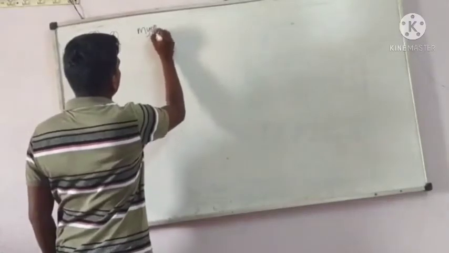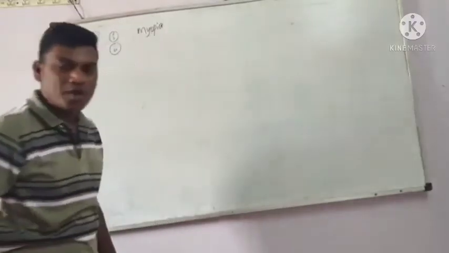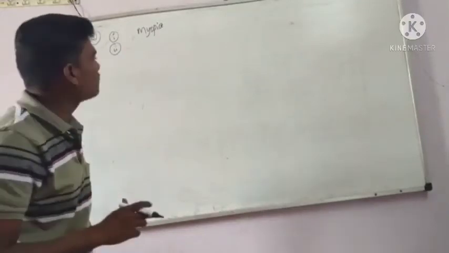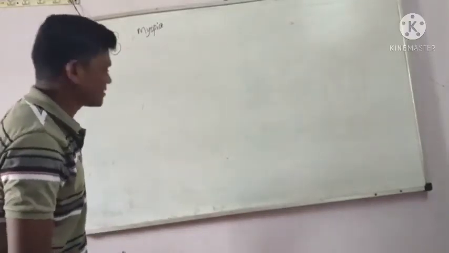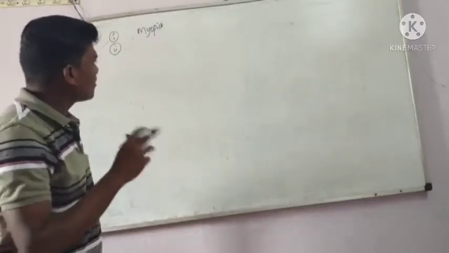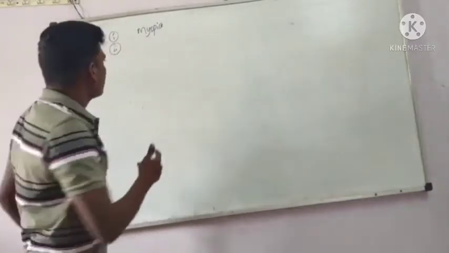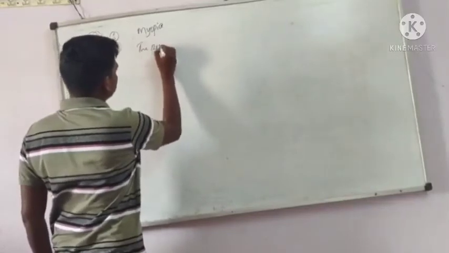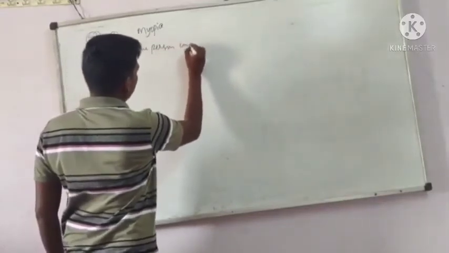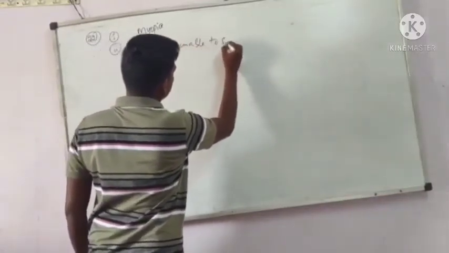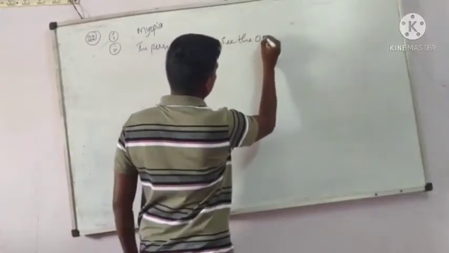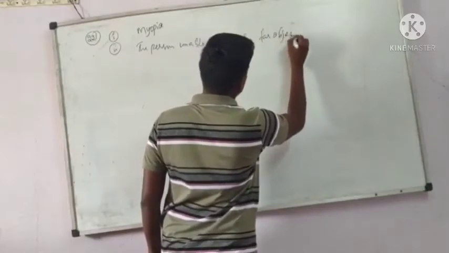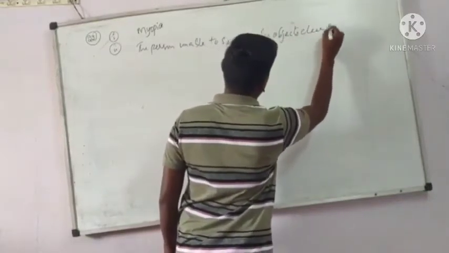Simply, we know it is myopia. I will explain why. Second, write the nature and focal length of the lens. So what is the nature and focal length? The person is unable to see far objects clearly.